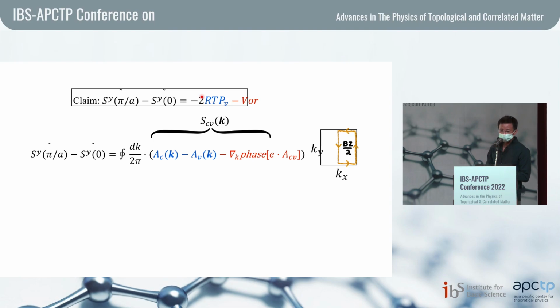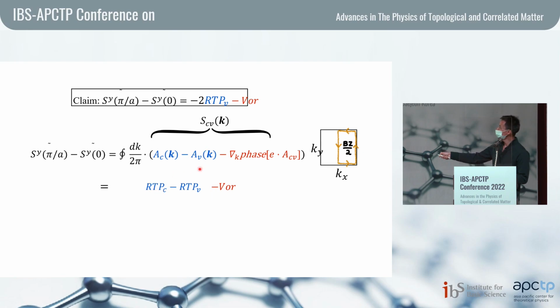Okay, but let's prove this claim. The difference in the dimensionless shift is essentially the integral of the shift vector around the boundary of your half Brillouin zone. Here I've just input our formula for the shift vector. The first term, by Stokes' theorem, is the integral of the curvature over half the Brillouin zone, so that is the RTP invariant for the conduction band.